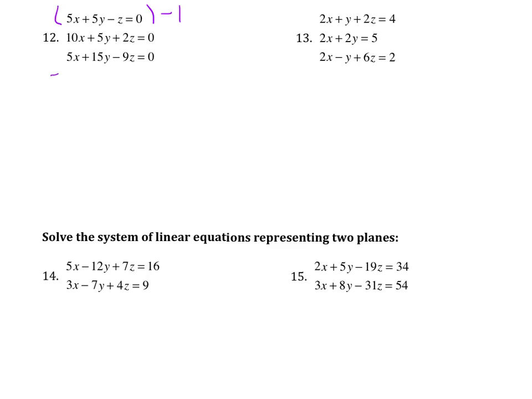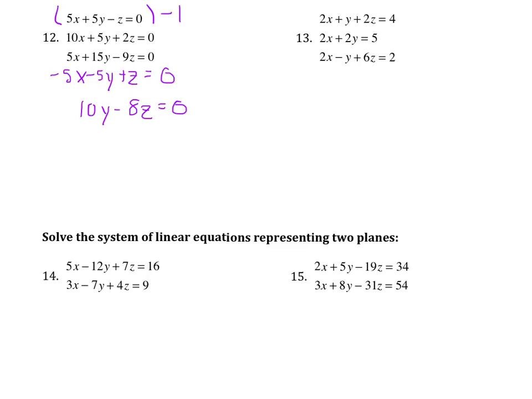So I get negative 5x minus 5y plus z equals 0. And I'm going to combine that with the bottom equation. So I get 10y minus 8z equals 0.